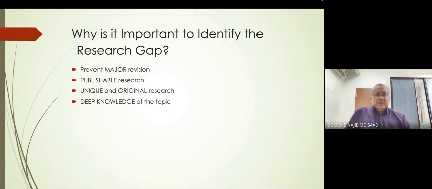Number two, a good, attractive research gap will help us in publishing our research, in terms of publishability. Also, a good research gap will create a unique and original research that will contribute to the body of knowledge.